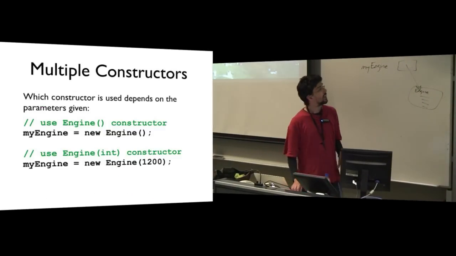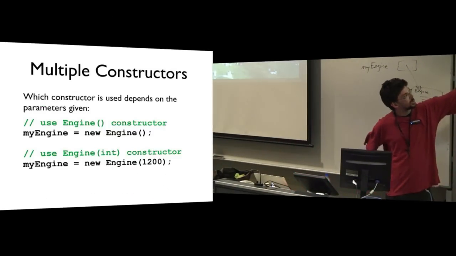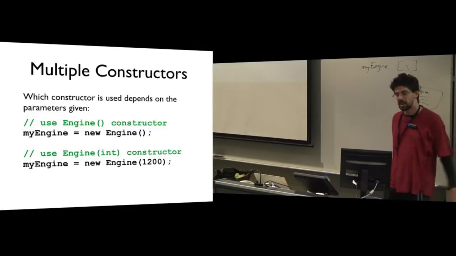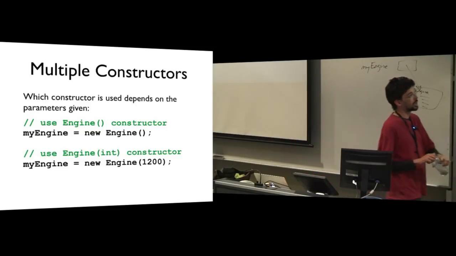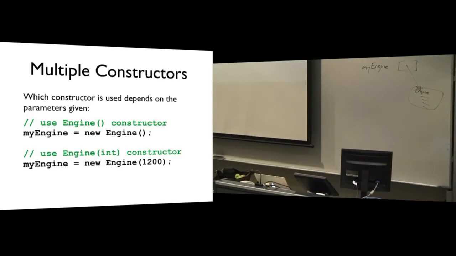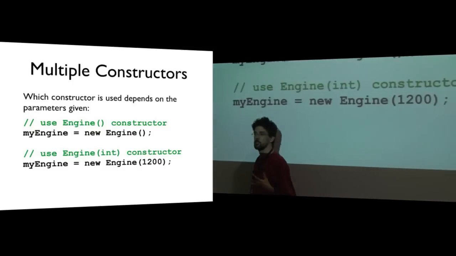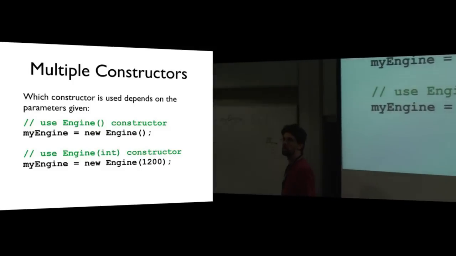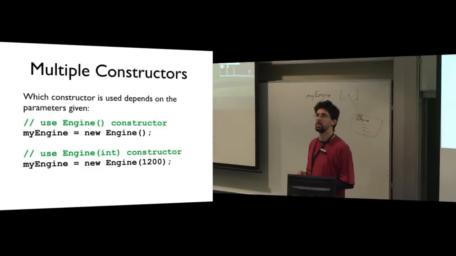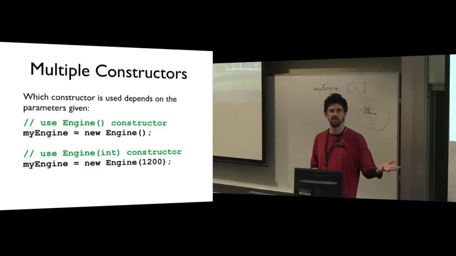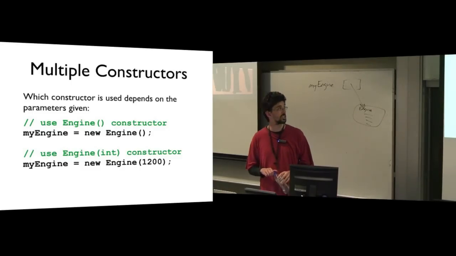So like I said, which constructor we use depends on what parameters we pass when we run it. And actually I probably am jumping ahead of myself about parameter passing, but when we call the constructor, inside the parentheses we have to specify the values that we want for those parameters. So we'll get more onto that when we deal with methods. It's the same for methods as it is for constructors, and so I'll refer back to this when we get to the methods slide.